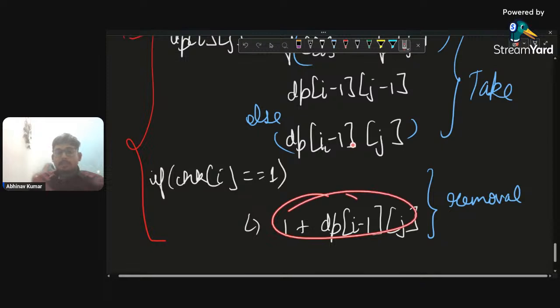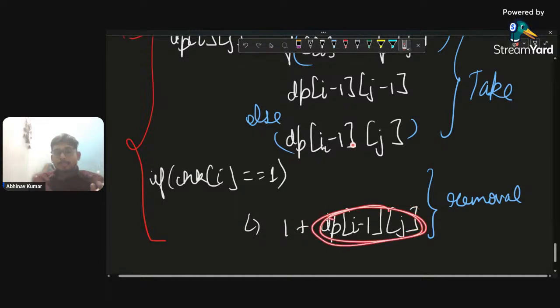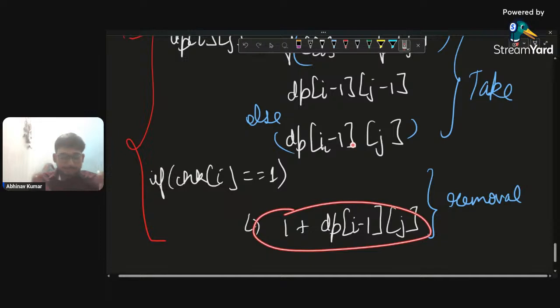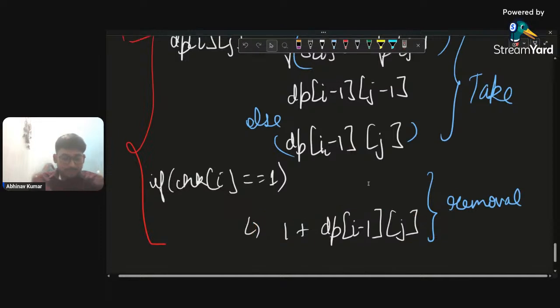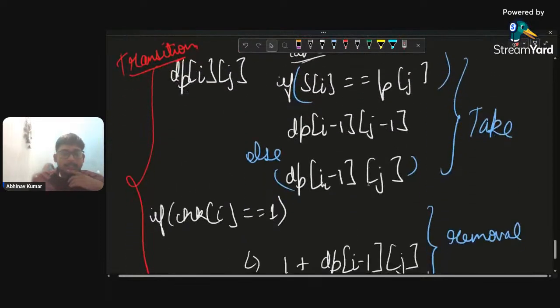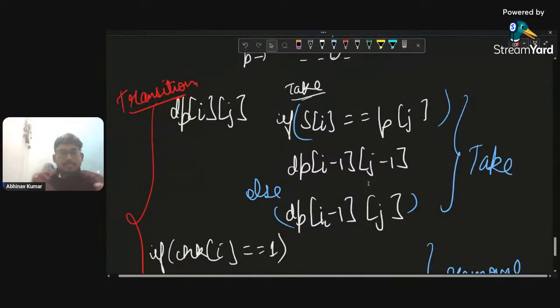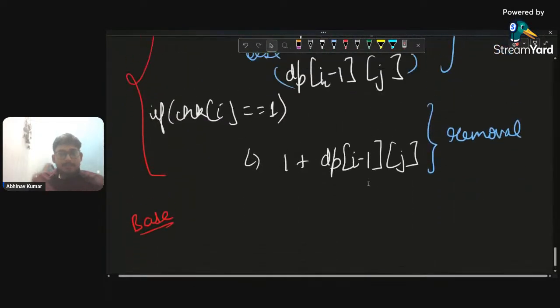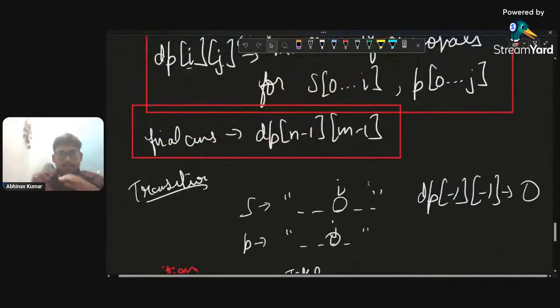This overall would be -1 only, because if this state cannot exist, we cannot write a 1 plus a state that does not exist. So we'll also have to check whether this state is not -1, then only we will write the state. I hope you understood these extra cases we would have to handle in our code, the -1 case.